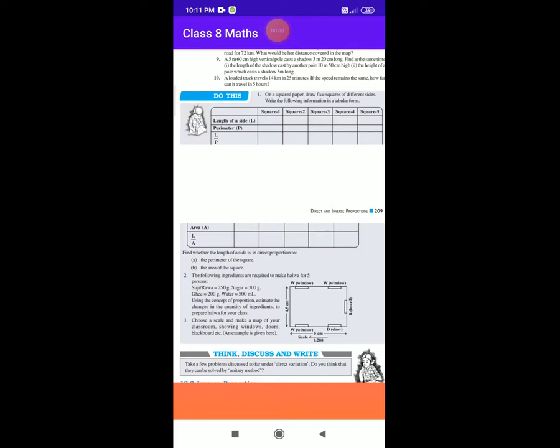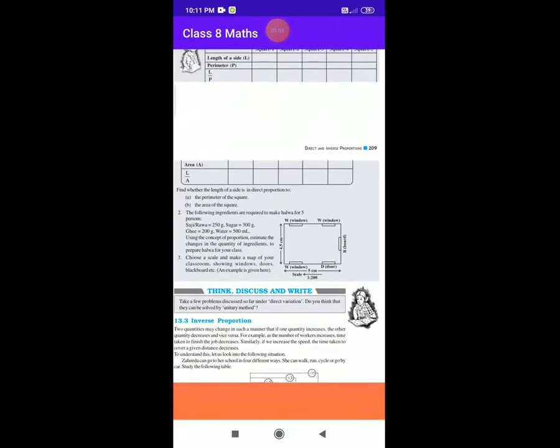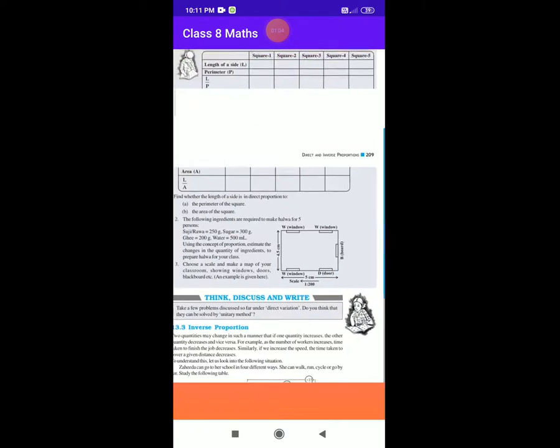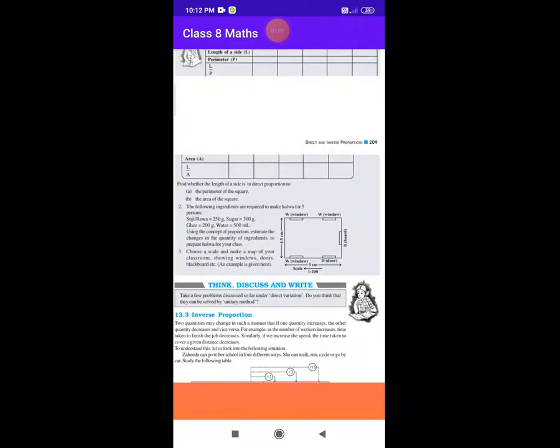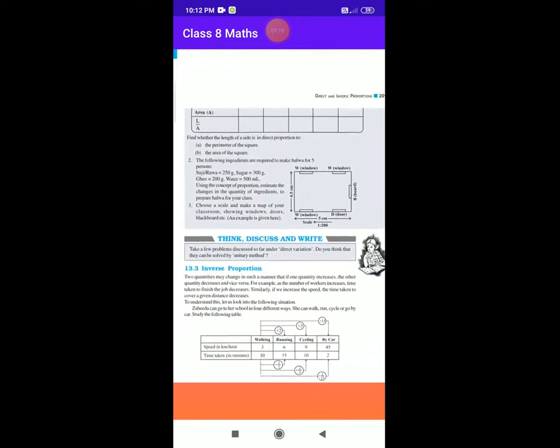First column: length of the side L, perimeter P, and ratio L by P. Area A and L by A. L by A means length upon area. So find whether the length of the side is in direct proportion to the perimeter of the square and the area of the square.